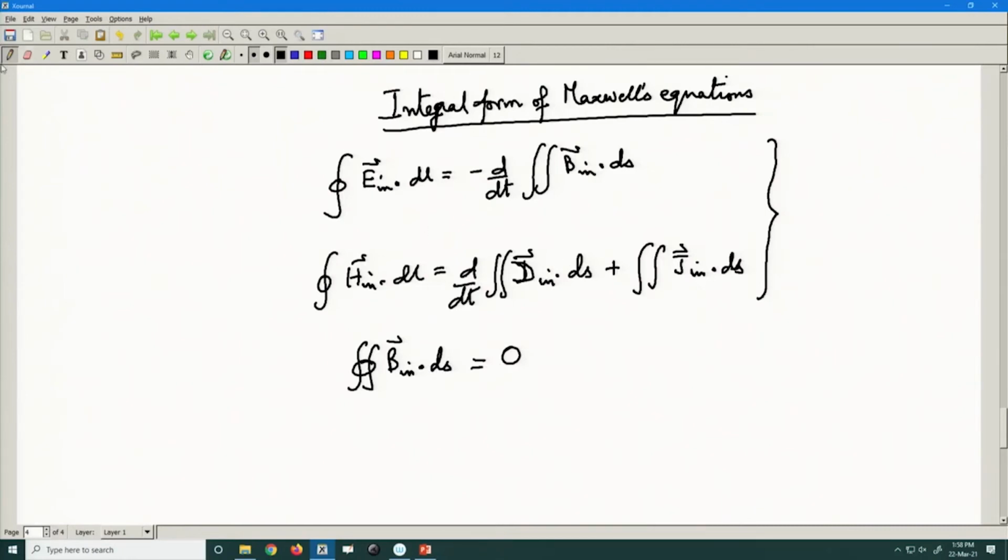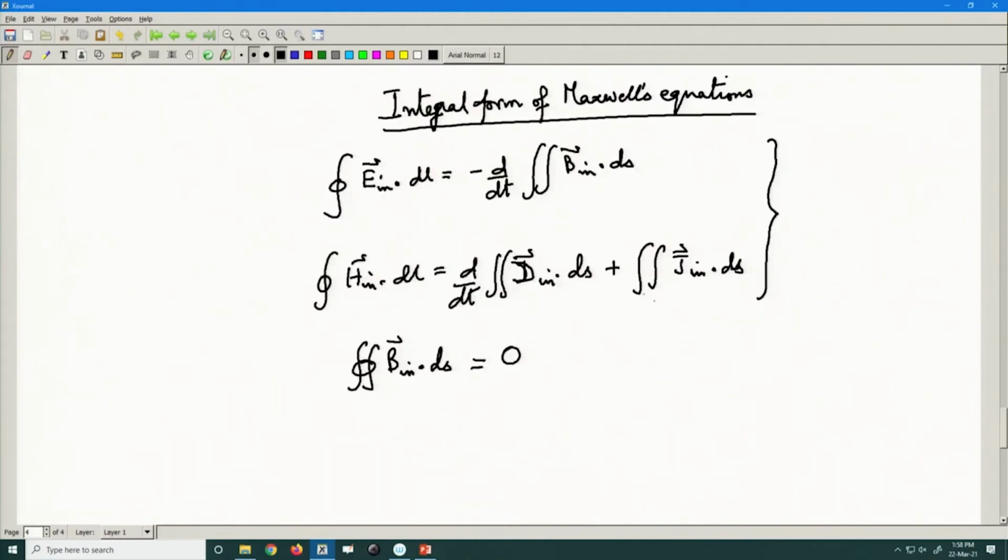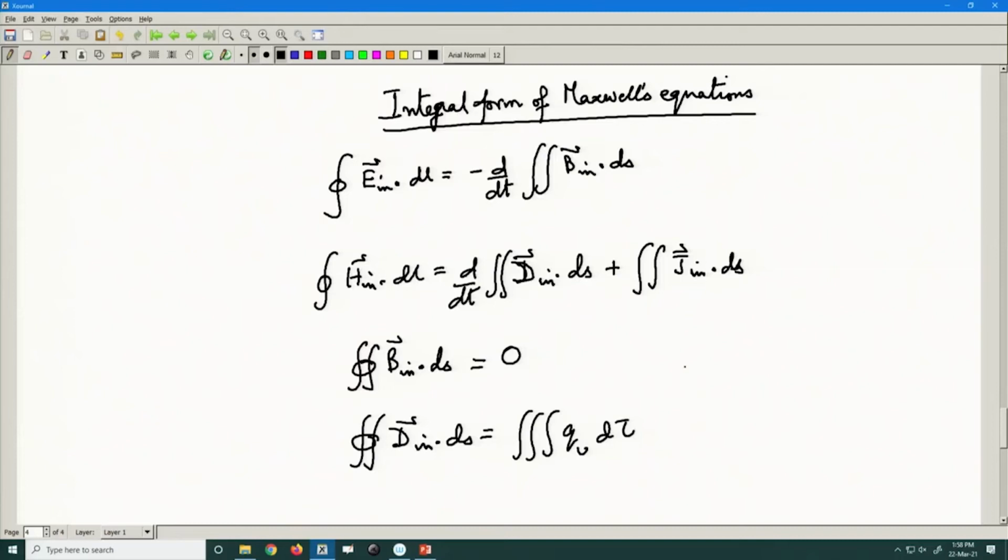Just before we do that, let us call this equation, yes, we have called that equation 2. So, let us in fact club all these equations, and the next equation will be D dot ds. So, this will be the third bunch.